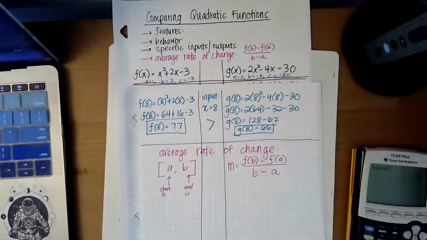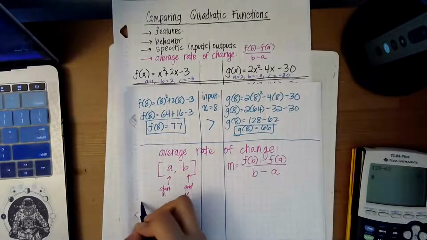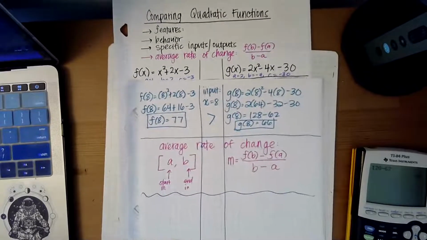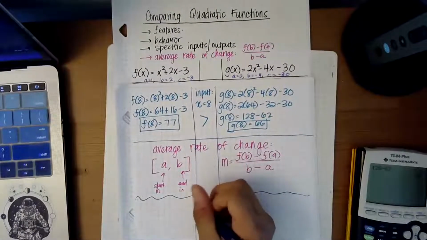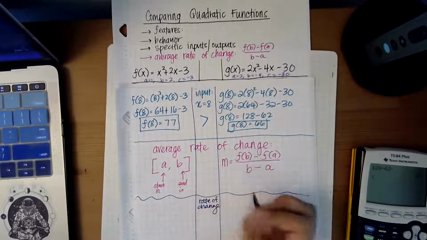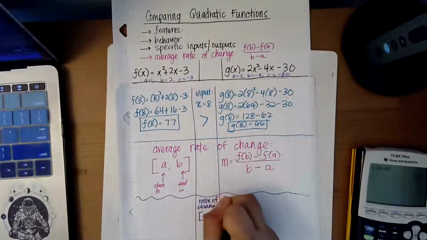So let's go ahead and see. I'm going to give you an example. That was just a quick little crash course. We've done this already. I want to figure out the rate of change between the interval of 0 and 3.